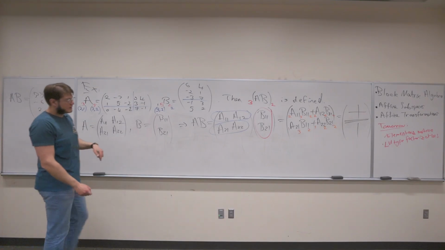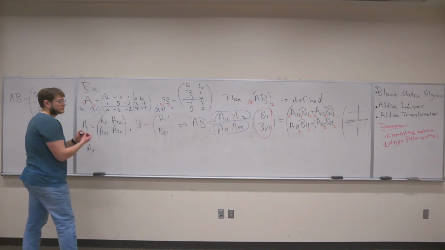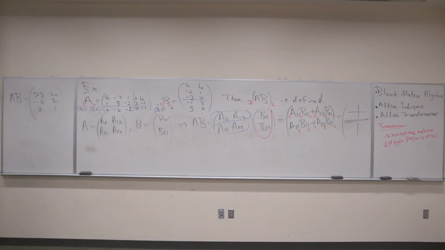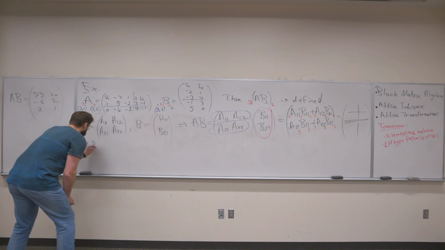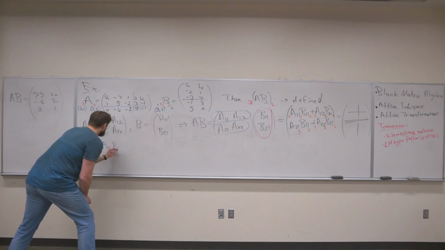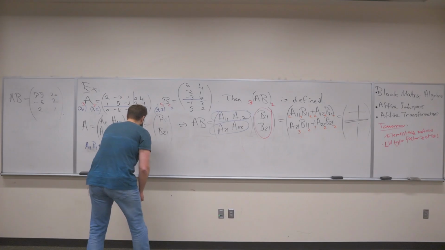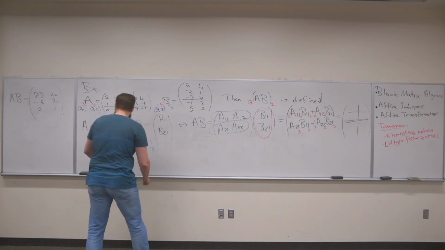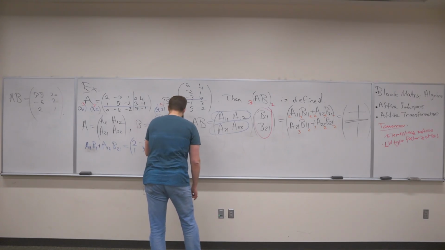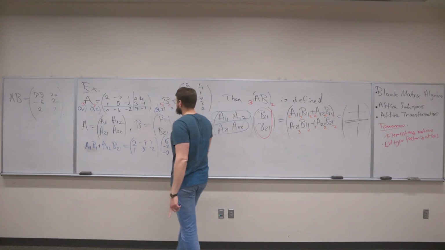So for instance, A11 times B11 plus A12 times B21 is this. I'll use blue, in fact. A11 times B11, 417, plus A12 is this, 2 by 2.